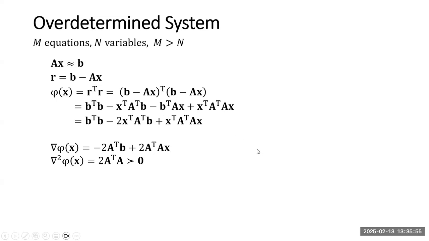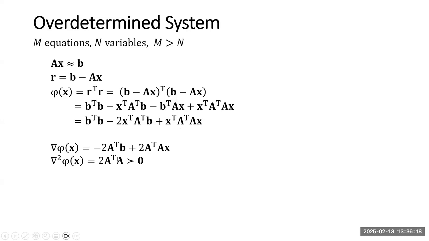If you just apply the expression in the very first slide today. And then the second derivative of the sum squared error is this. Just drop the constant term and the linear term. This is the quadratic term.